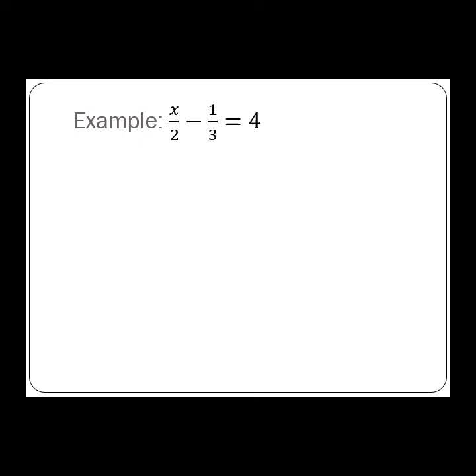Here we have two denominators, a 2 and a 3. The LCM of 2 and 3, this is 2, 4, 6, 8, 3, 6, 9, 12. So the LCM is 6. So that's what I'm going to multiply each part of this expression.